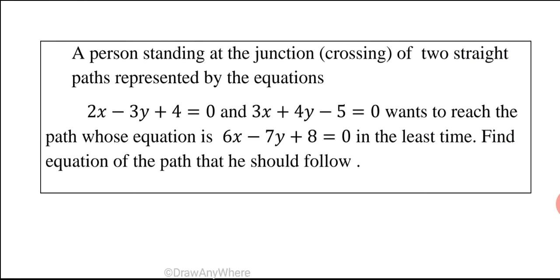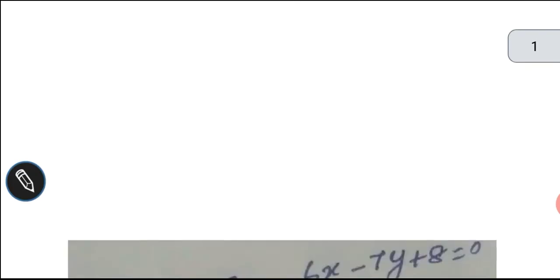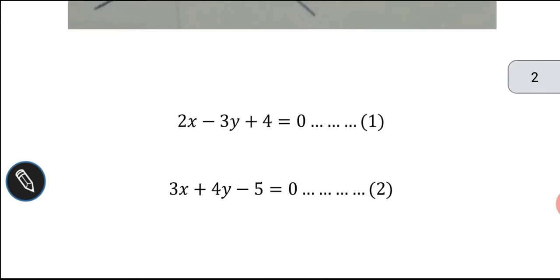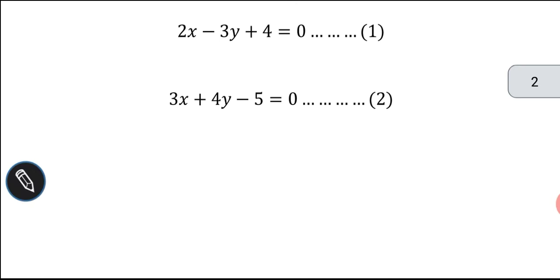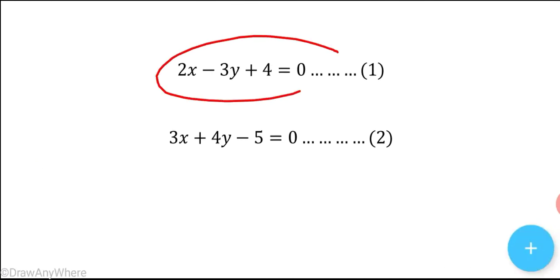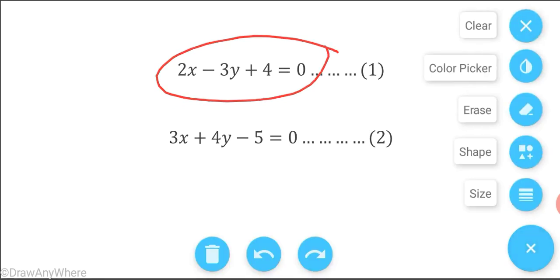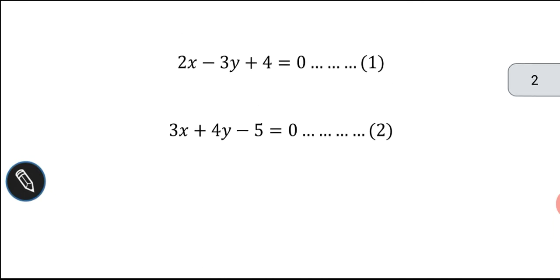The straight lines are 2x minus 3y plus 4 equal to 0 and 3x plus 4y minus 5 equal to 0. From the first equation, 2x minus 3y plus 4 equal to 0, we can write 2x equal to 3y minus 4.